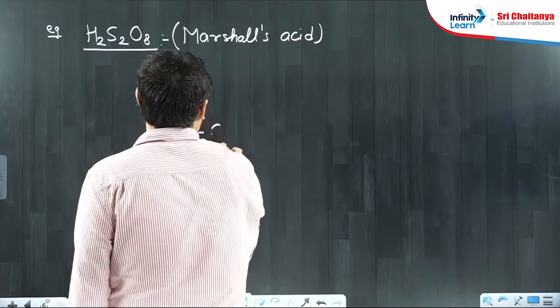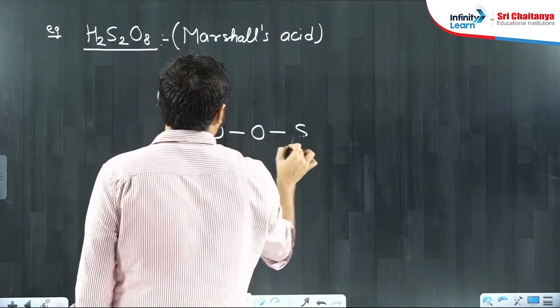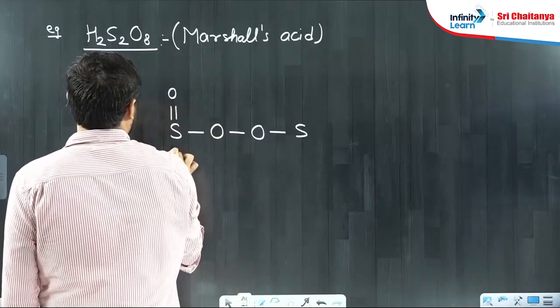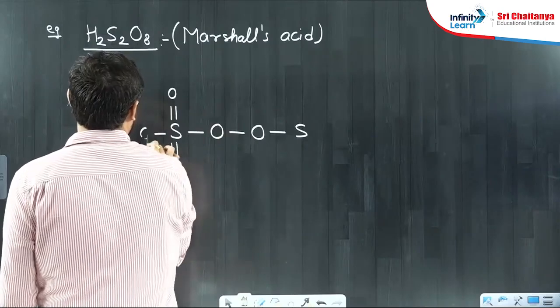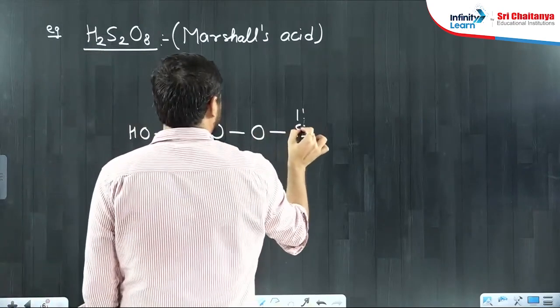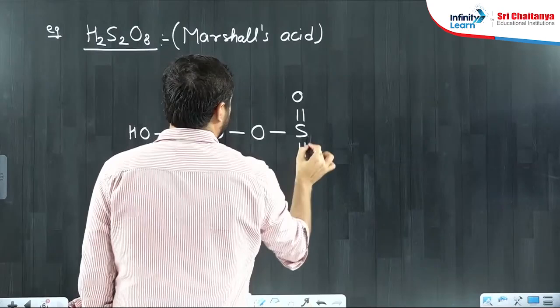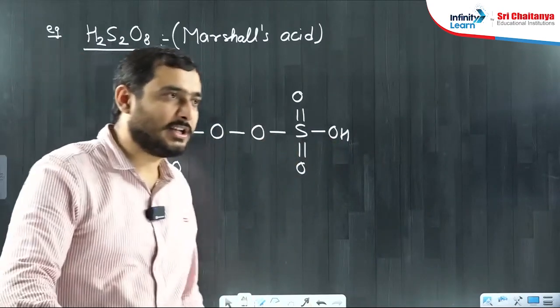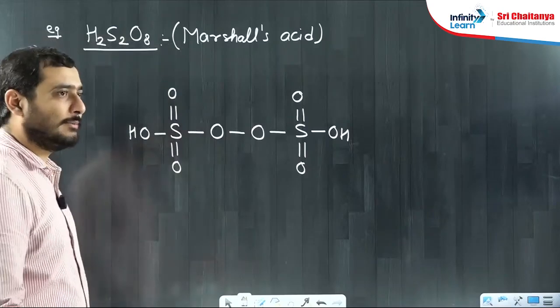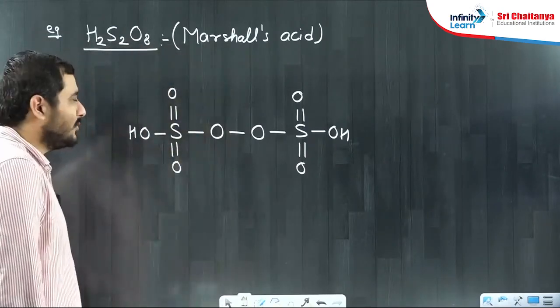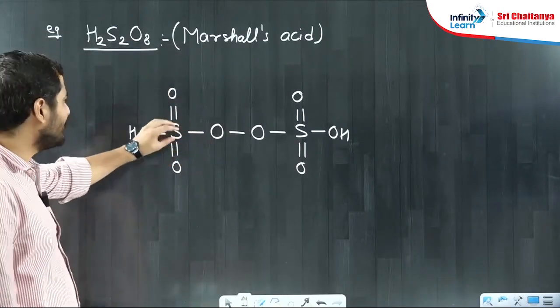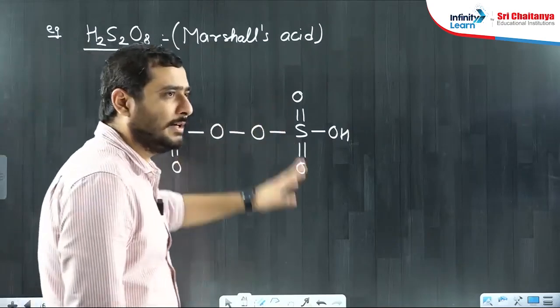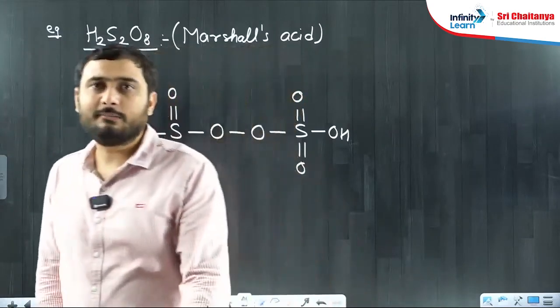Then you have to tell me the oxidation number of sulfur. Two sulfur atoms are present, and for these two sulfur we have to find the oxidation number. Take your time, there is no hurry. Just break all the bonds of both sulfur and find the oxidation number.